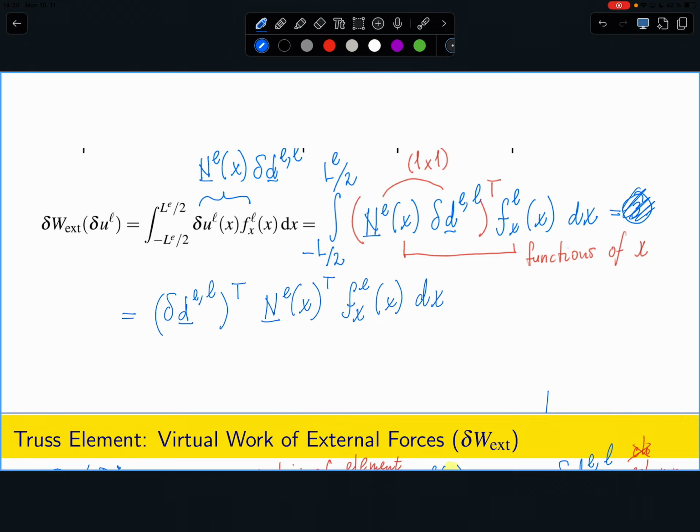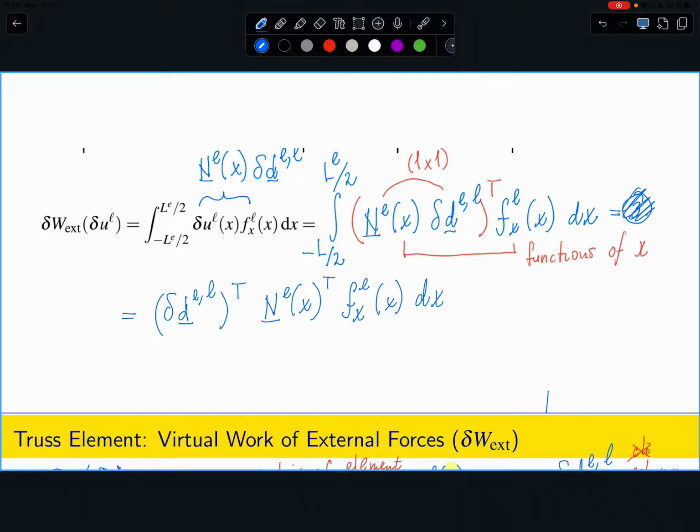And what I can do now is that I can take the integral, which I should have written at the very beginning, and I can actually take this one and move it here because this is x independent.